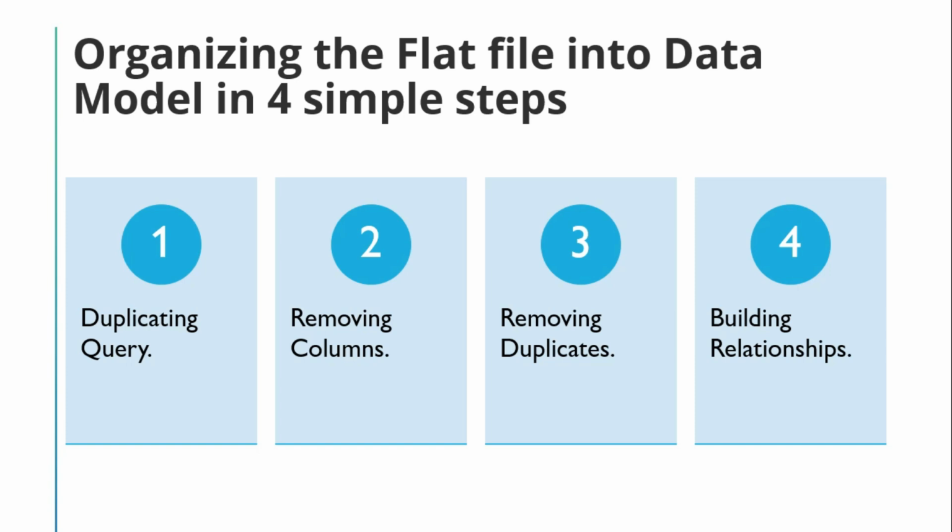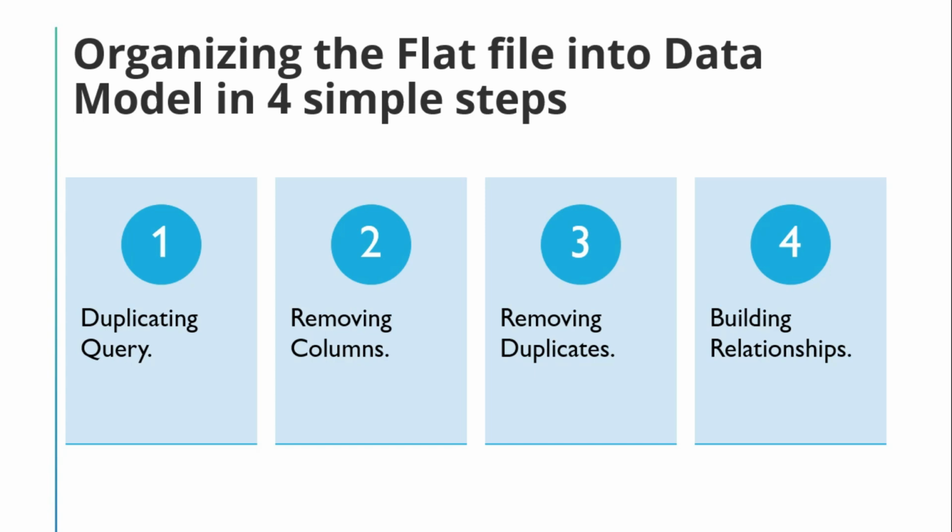The 4 simple steps to convert a flat file into a data model are: first, duplicating the queries; second, removing the columns; third, removing the duplicates; and fourth, building the relationships. So these are the 4 simple steps to convert your flat file into a data model.